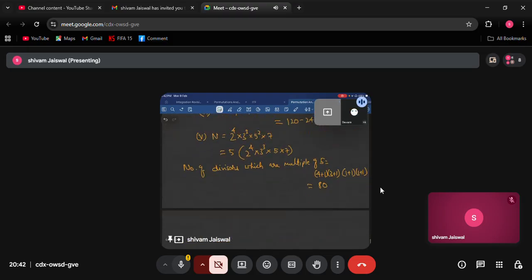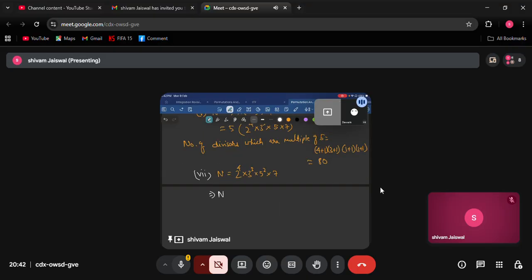Just like I've solved part 5, part 6 also let us solve. In part 6, we need to find out those divisors which are multiples of 10. So that means you select 1, 2, and 1, 5 in the beginning only. Are you getting? Tell me. Yes, sir.